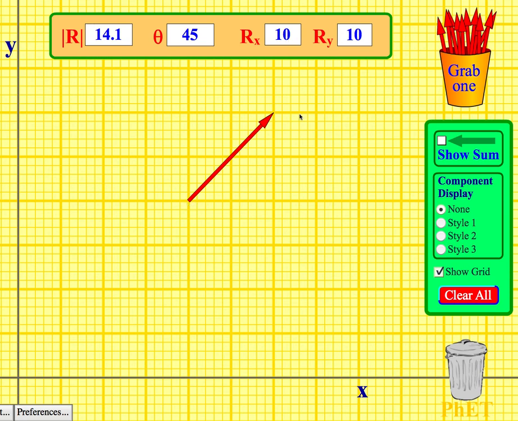The 10 and 10 here is telling me the following: in order for you to go from the tail to the tip of the vector, you would have to go 10 units to the right, and that's what the x component is. And you have to go 10 units up, and that's what the second component is. You can visualize these, and you see right now, this is what we call the x component, and this is the y component.